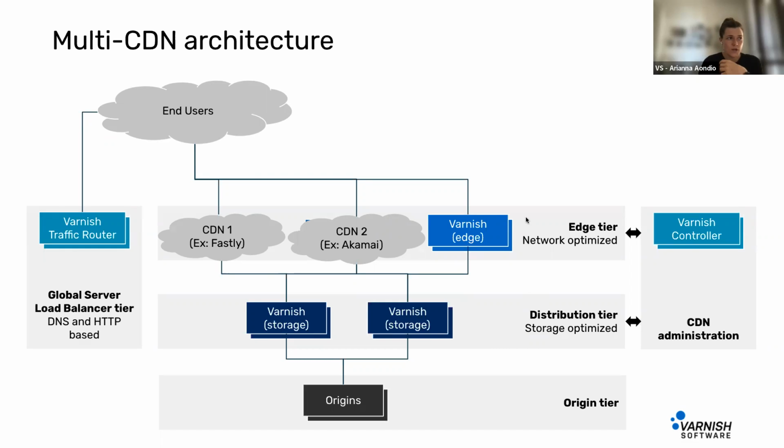Basically, the goal for us when setting up a CDN is to try to deliver content either from the edge tier, or in the worst case scenario, find the content in the storage tier or the distribution tier. We don't want to go to the origin nodes ever, other than the very first time when we need to retrieve content.